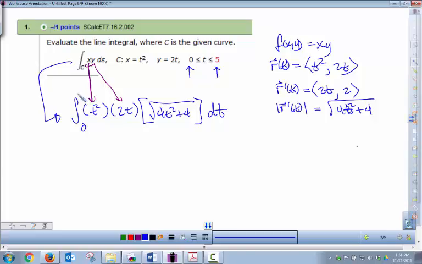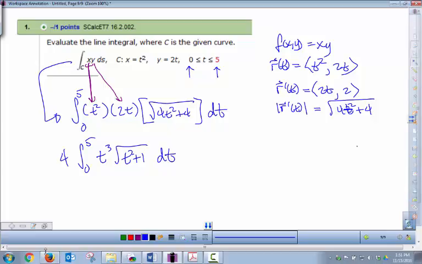And then I'm going to go from 0 to 5. I suppose I could simplify this. I can take out a 4, I could take out this 2. So there's a 2 times 2, t cubed times the square root of t squared plus 1 dt.